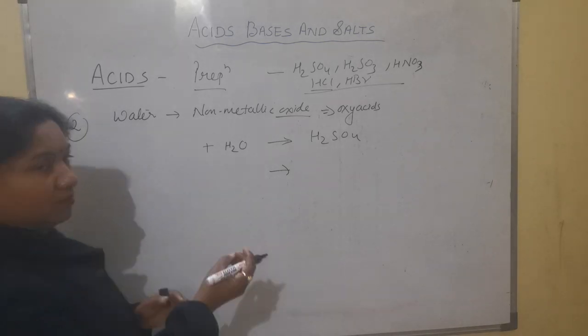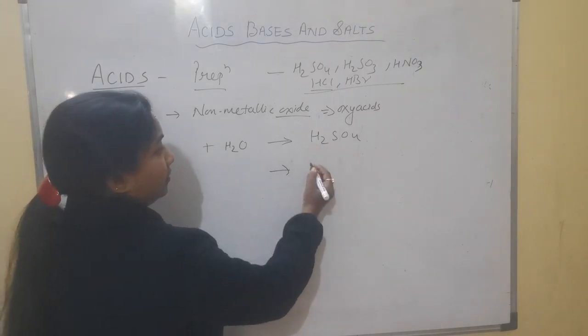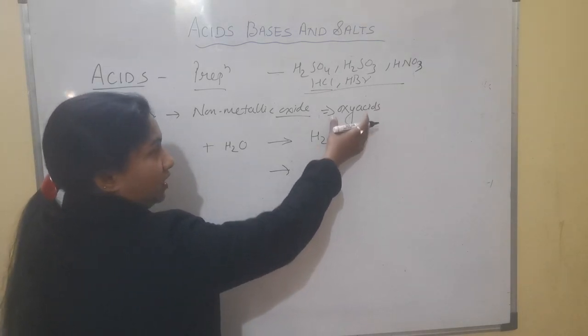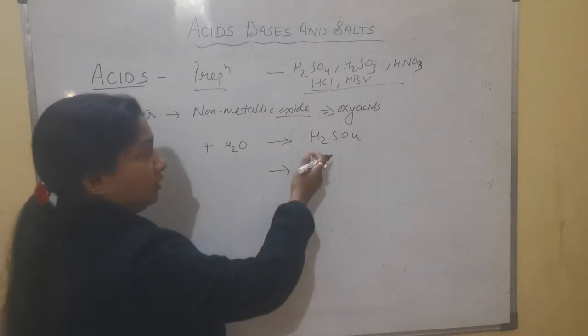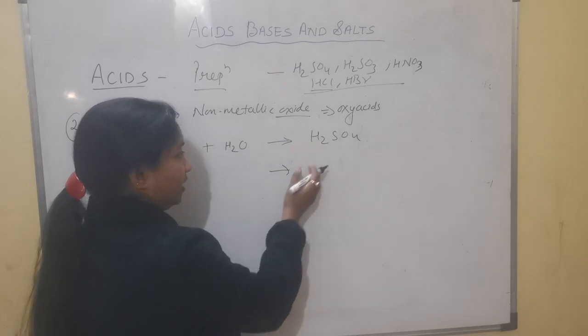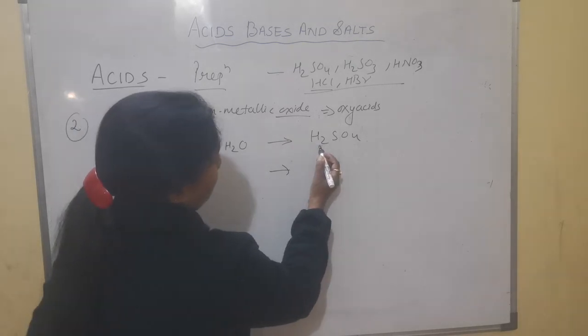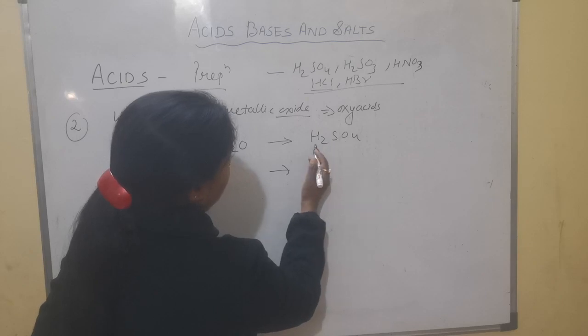You can just make a trick and then learn it. See, sulfuric acid. I said that we have to prepare oxyacid. Take this on the product side, and you can just see what elements are there: sulfur, oxygen, hydrogen.